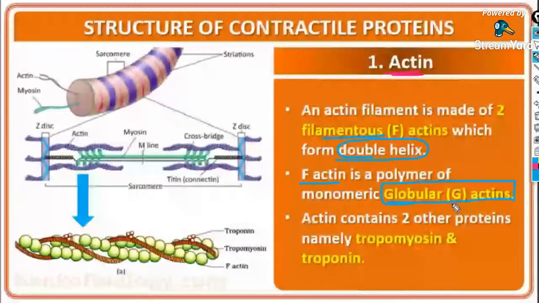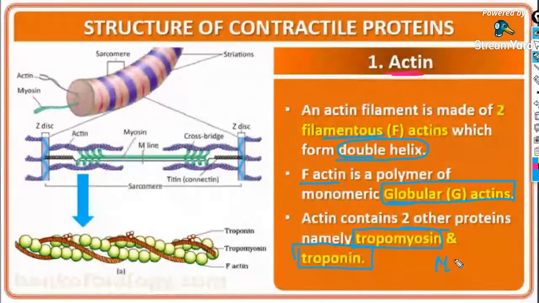Clear? So actin is made up of two filamentous F actins, forming a double helix structure. F actin is a polymeric form of globular actin. Actin also contains two other proteins called tropomyosin and troponin.